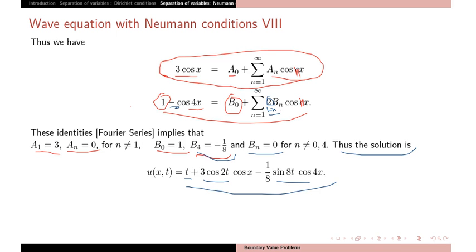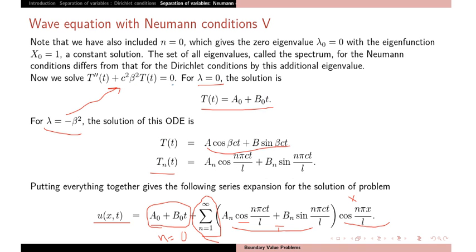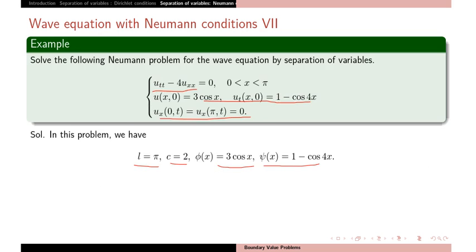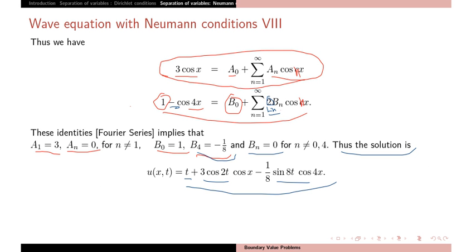Then write the fitted solution with those values. So you only got terms corresponding to b0, a1 and b4, only 3 terms. So this is the final answer.